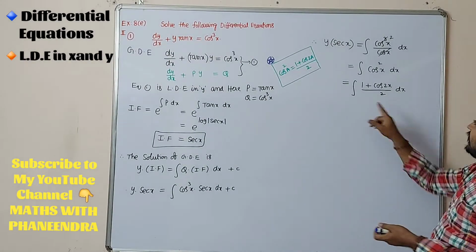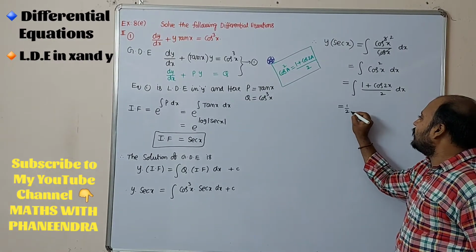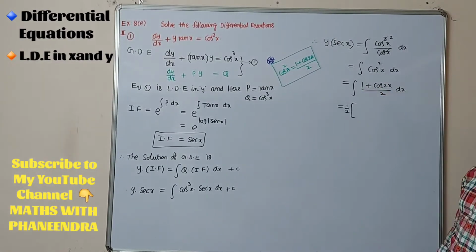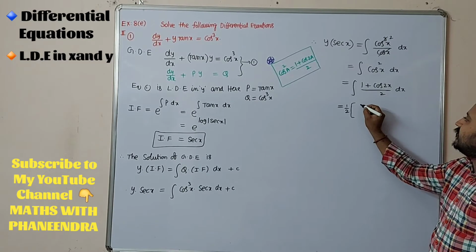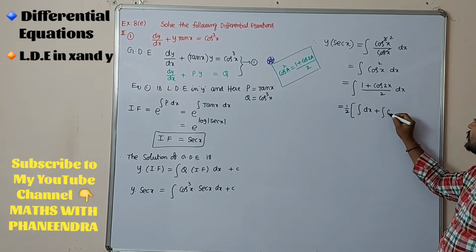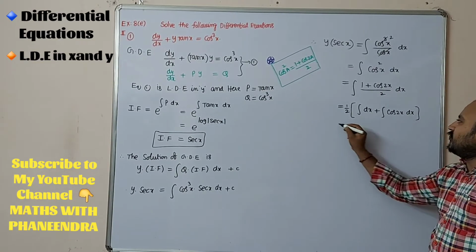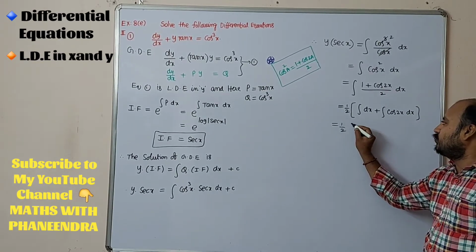So, each and every term you have to integrate. 1 by 2 we can take outside. Integral 1 into dx, integral dx, plus integral cos 2x into dx, which is equal to 1 by 2.